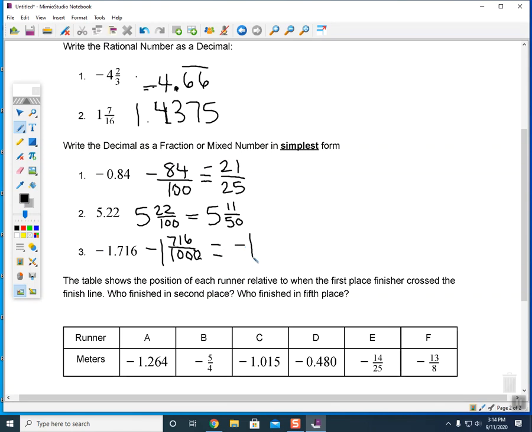If I divide both of these by 2, 716 divided by 2 gives me 358, and 1,000 divided by 2 is 500. Well, I can look at that and see I can divide that by 2 again. So that equals negative 1, 358 divided by 2 is 179, and 500 divided by 2 is 250. And I think that that's the smallest I can go. So that is my simplest form.